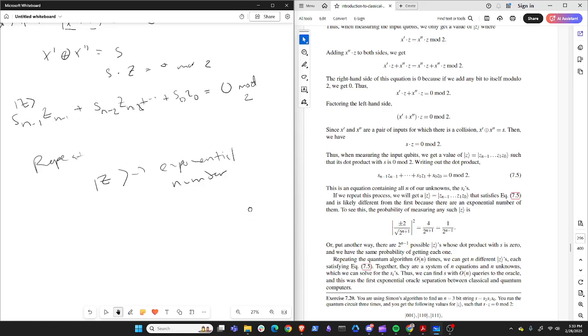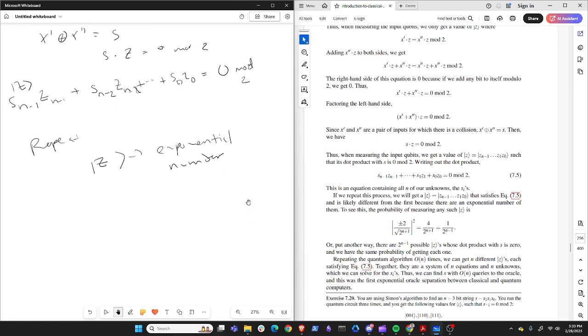So they calculate the probability of measuring any such z as plus or minus 2, which is the result of the case where x, x prime and x double prime are equal. So plus or minus 2 over square root of 2 to the n plus 1. We take the square of that absolute value, and it winds up at 1 over 2 to the n minus 1.